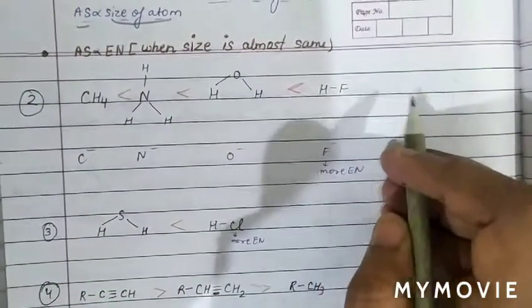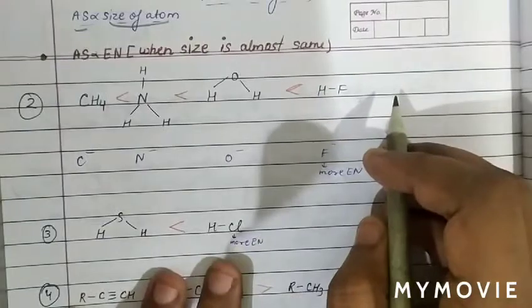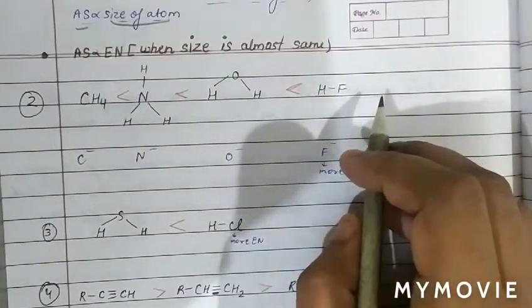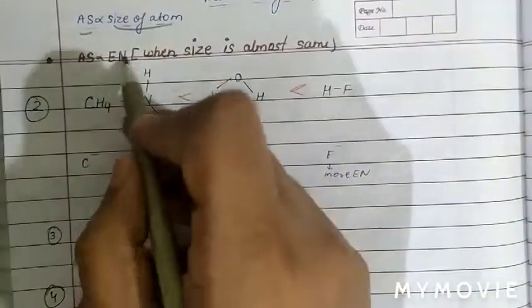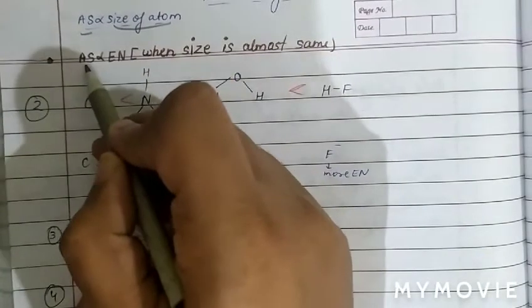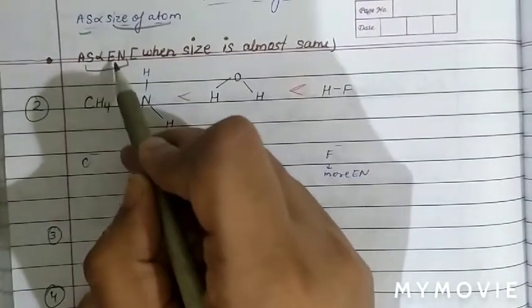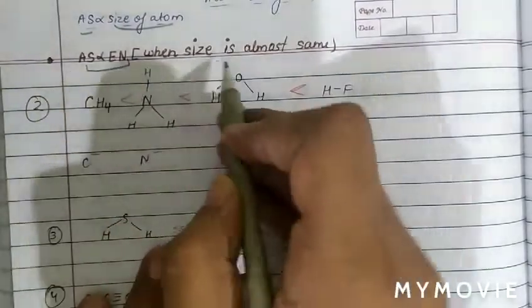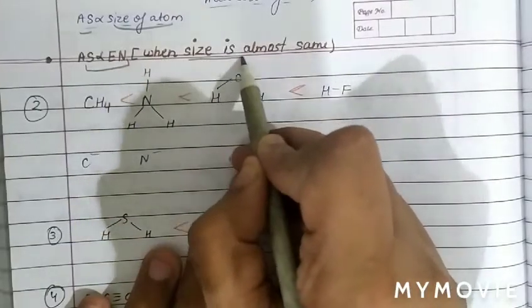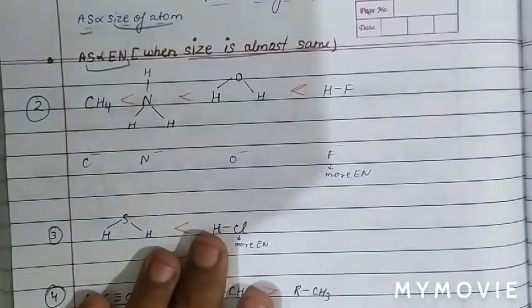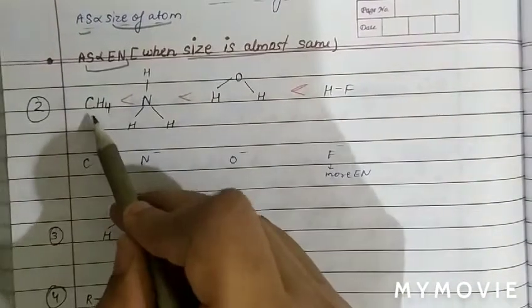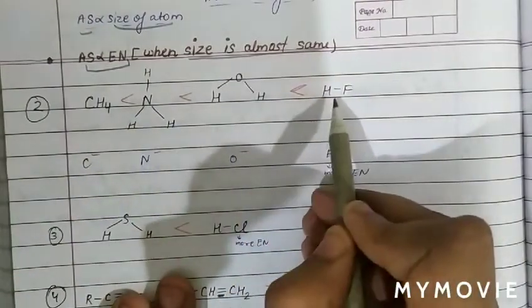Now we are going to discuss the acidic strength on the basis of electronegativity. See, the acidic strength is also directly proportional to electronegativity when the size is almost the same, as we can see in CH4, NH3, water and HF.